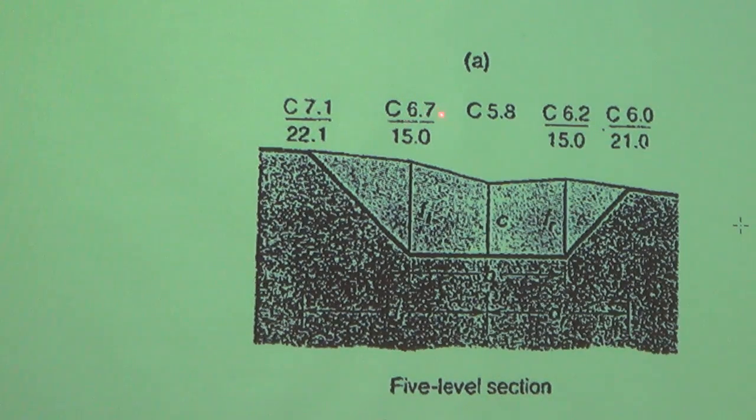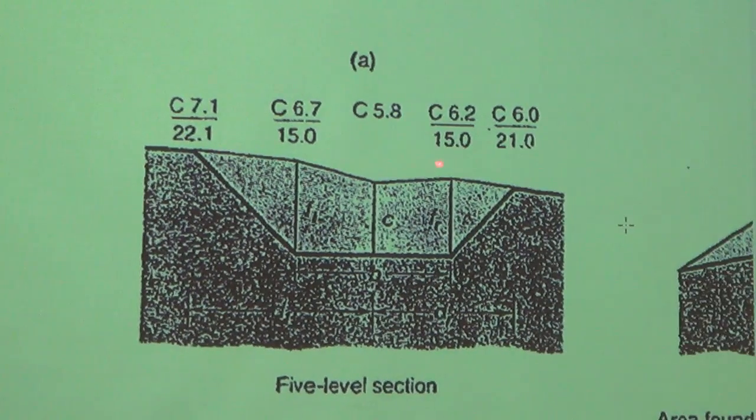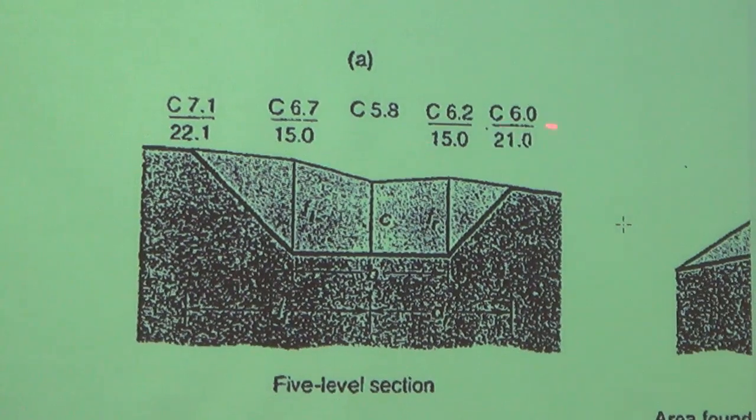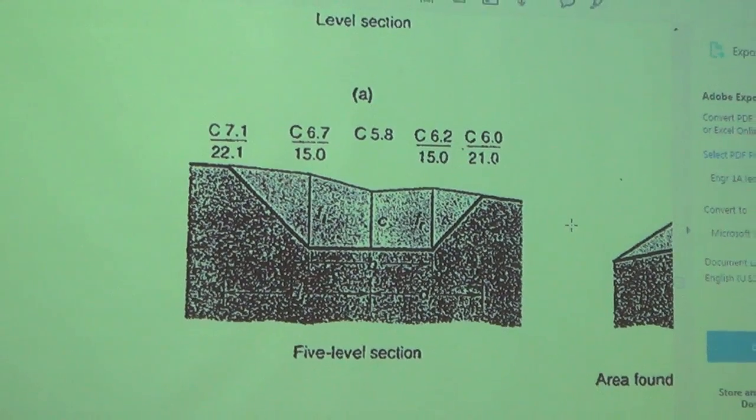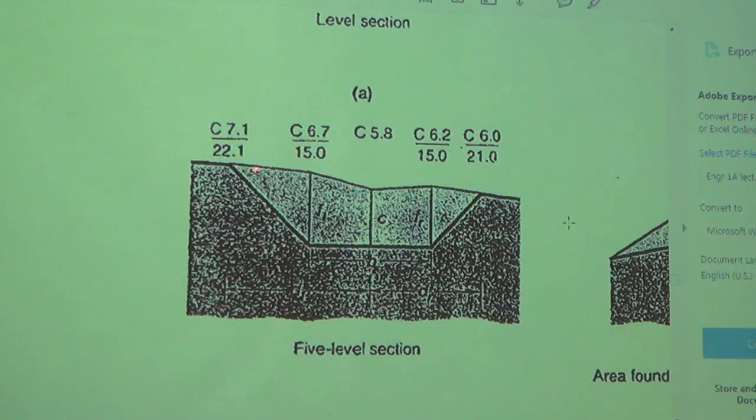So, this is the road, right? Everybody? So this is the road, so this is the existing ground surface. And don't you think this has something to do with surveying? They surveyed what points? How many points did they survey? 5. Are these the points?